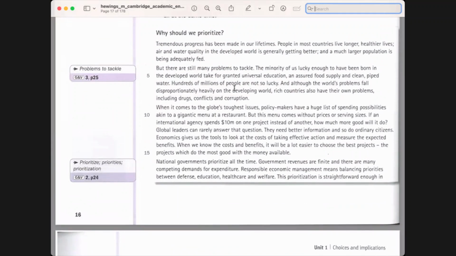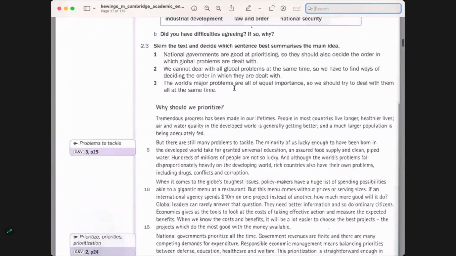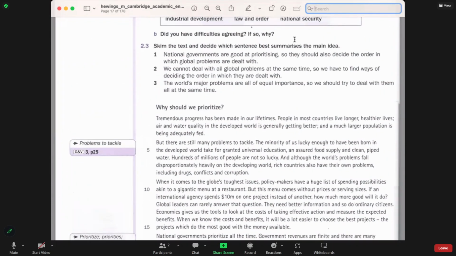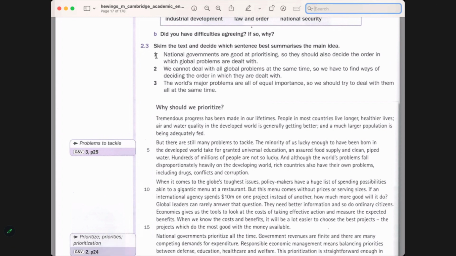Oh, okay, I will scroll up. Okay, look through the first part. But you see here are summarizing ideas, main ideas. So read these three ideas, and after skimming the text, you have to decide which is the most appropriate, the best for this text, okay?